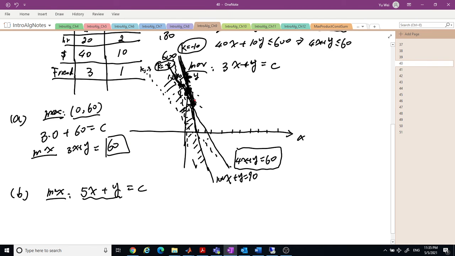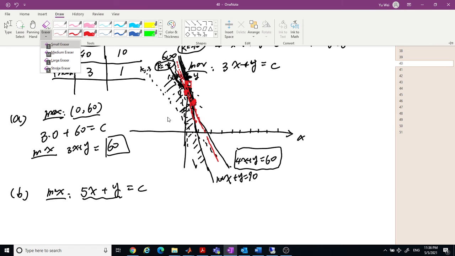If the 5 should be here, if the 4 should be here. This is the first one, this is the second one. So you can see the 5, if I pass in this point, the intercept is higher, it's bigger.